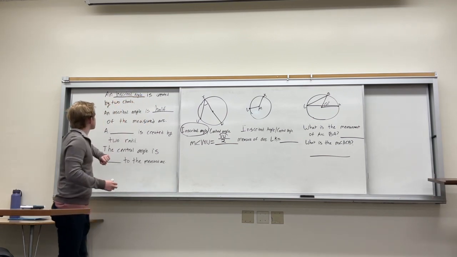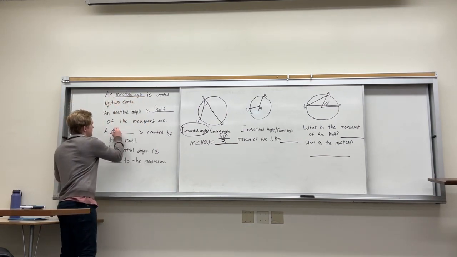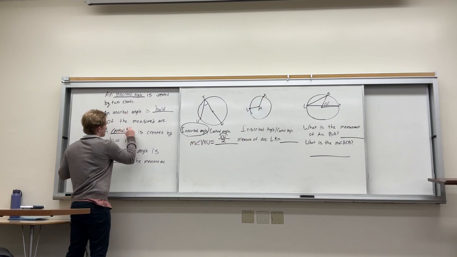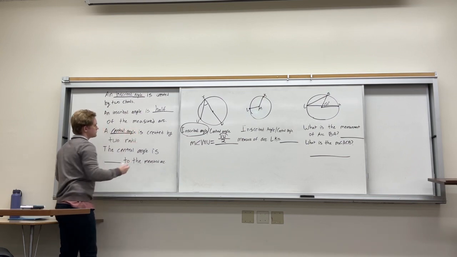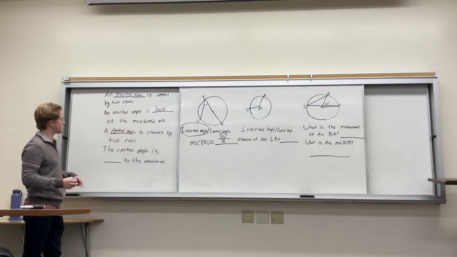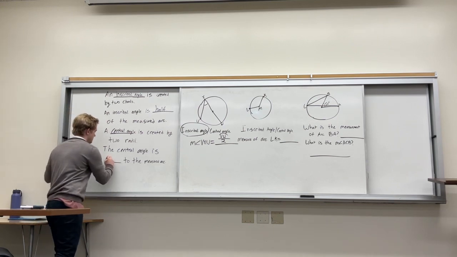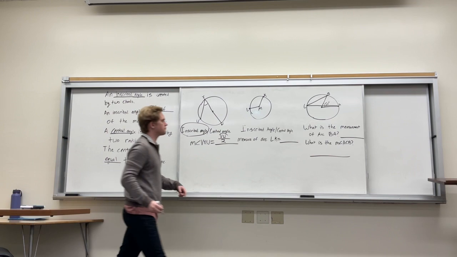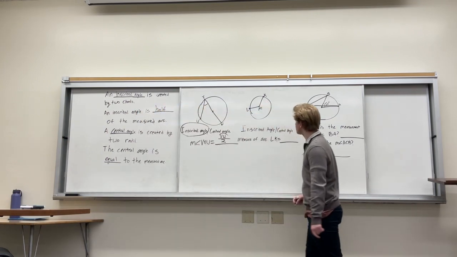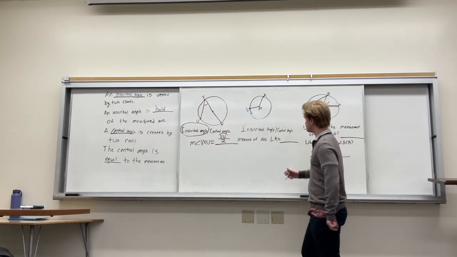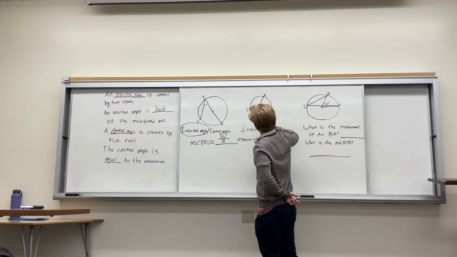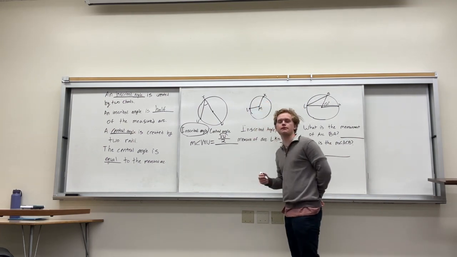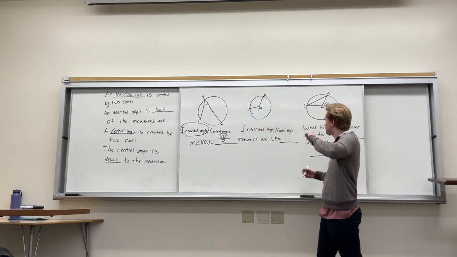Similarly, we already talked about this, but a central angle is created by two radii, and the central angle is equal to the measured arc. Well, what does that mean? Well, we have two radii, which are created at M, and where the vertex is at the center, like we talked about in our last definition from the video before.